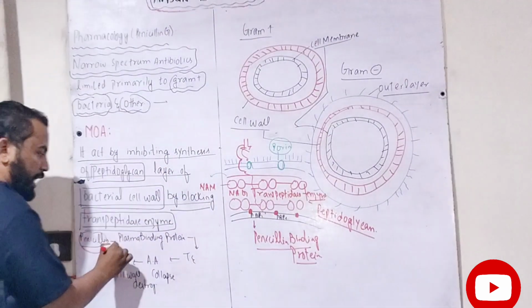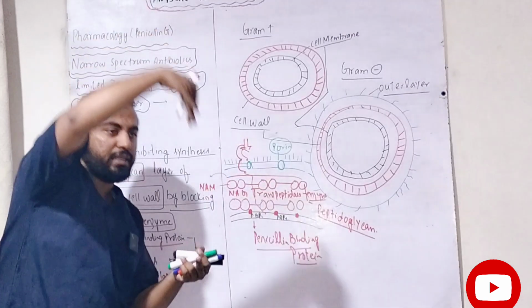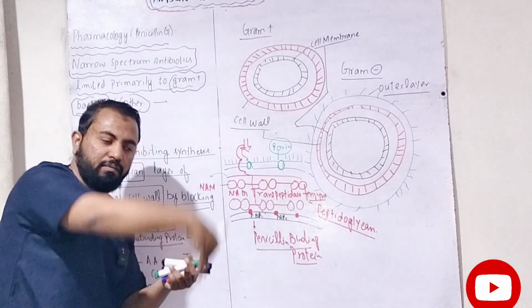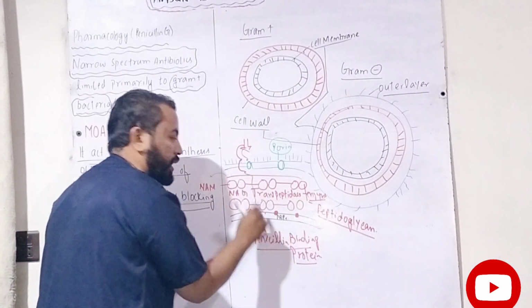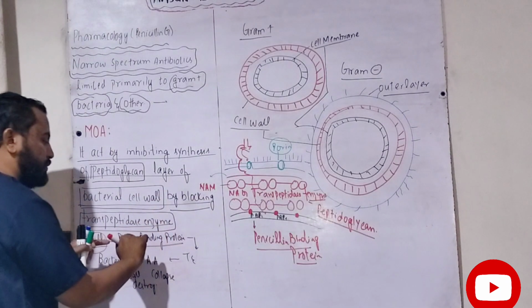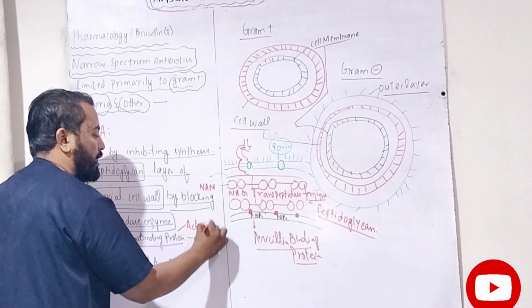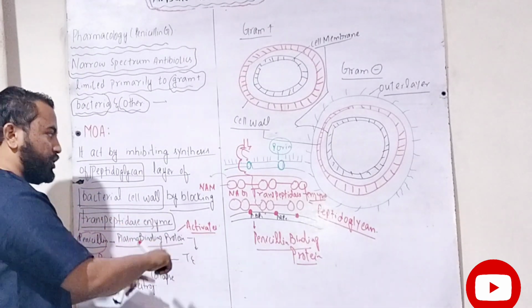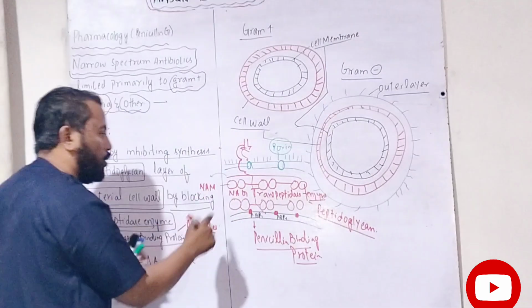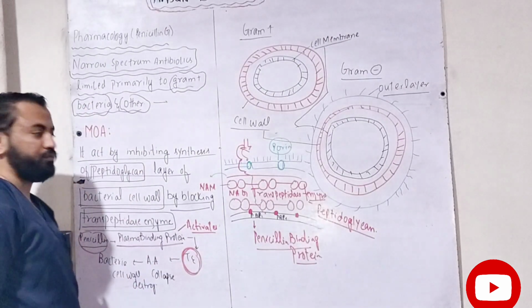Penicillin enters the membranous system and binds with the penicillin binding proteins. Once it attaches to the penicillin binding protein, it activates, and after that it blocks the transpeptidase activity.